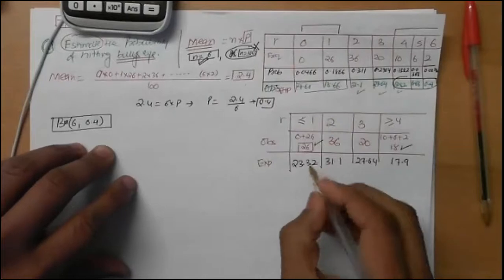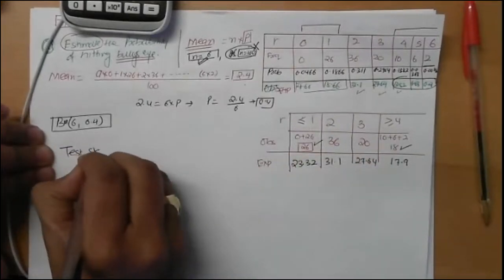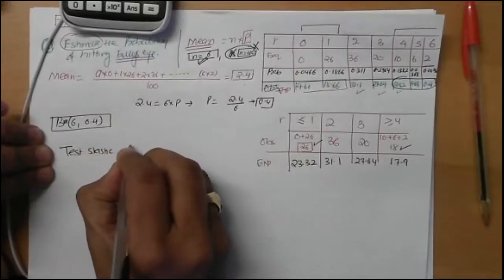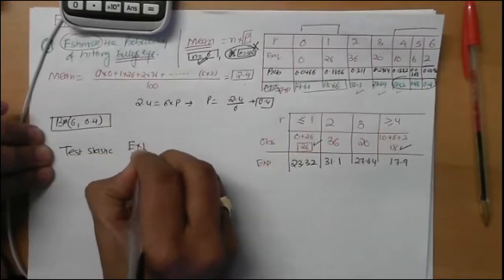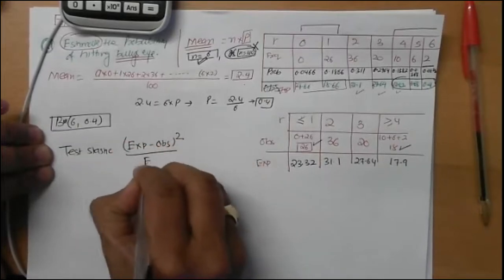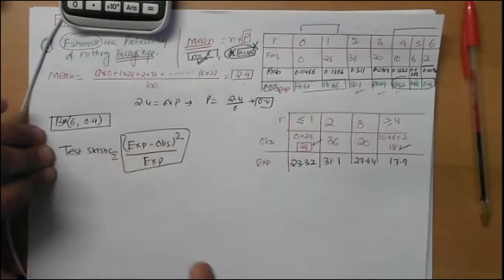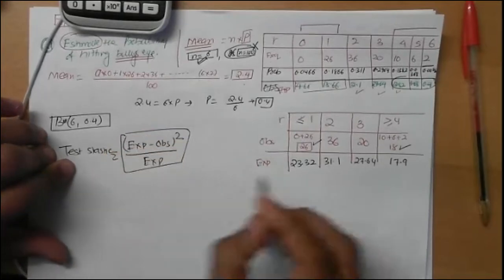The next step, guys, is we need to work out the test statistic. So the test statistic is again the same thing. You do observed minus expected, whole squared, divide by expected, and then add all of them. For the examination, it's really important that you tell them what you're doing.